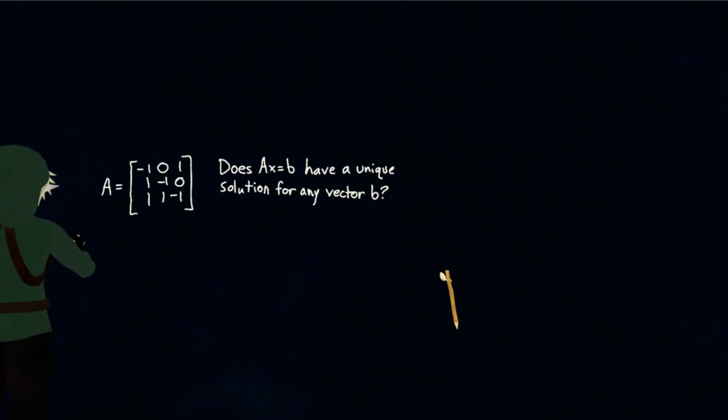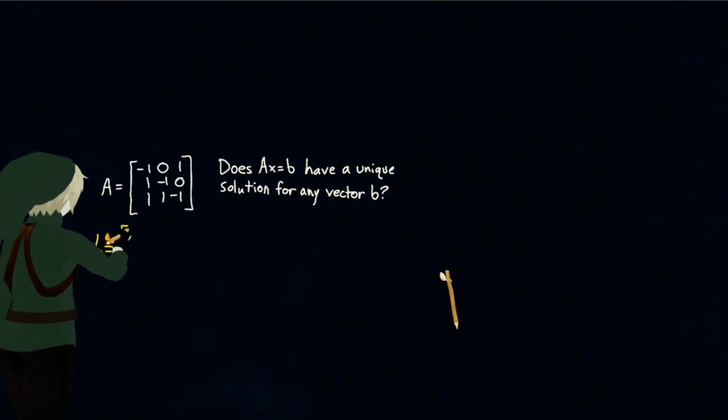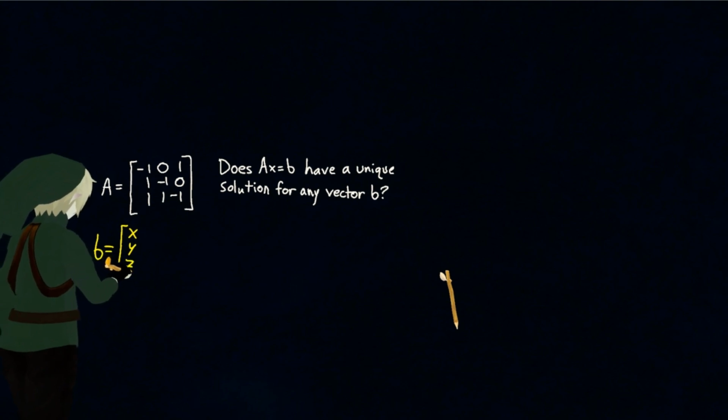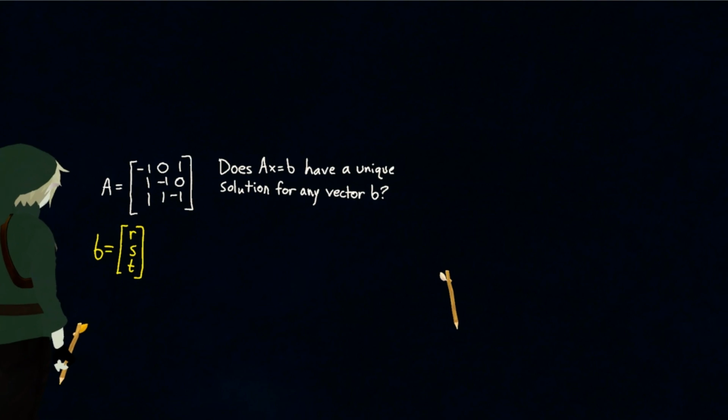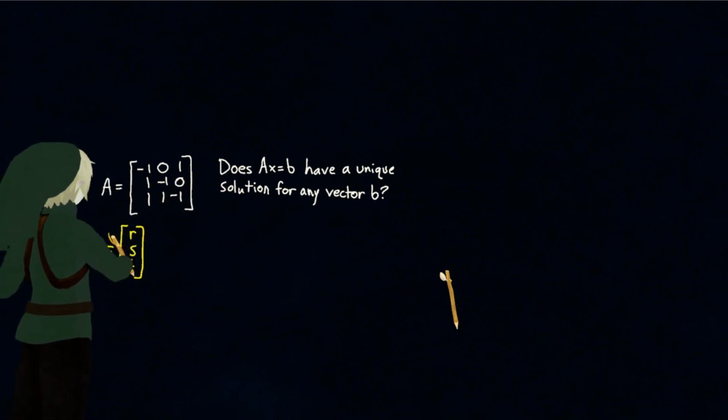So b can be literally any vector. Let's call this, I'll use x, y, z. Or actually, I'll stick to a, b, c. Or, oh no, I can't do that either. I'll do r, s, t. I really don't want to use x, y, z, because that could be in here or be the solution for x.